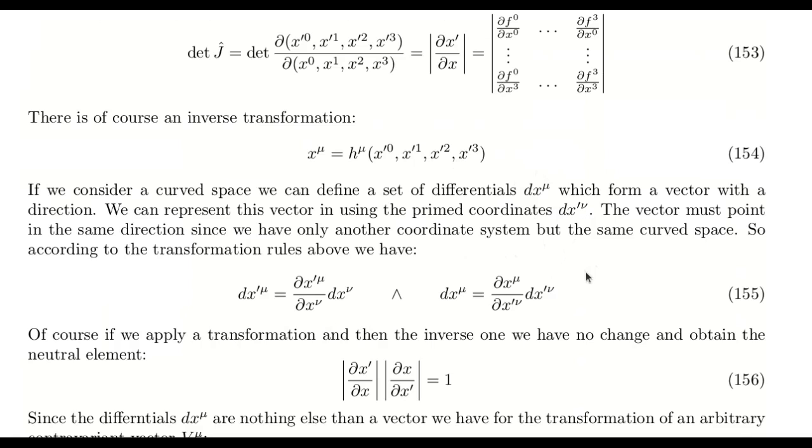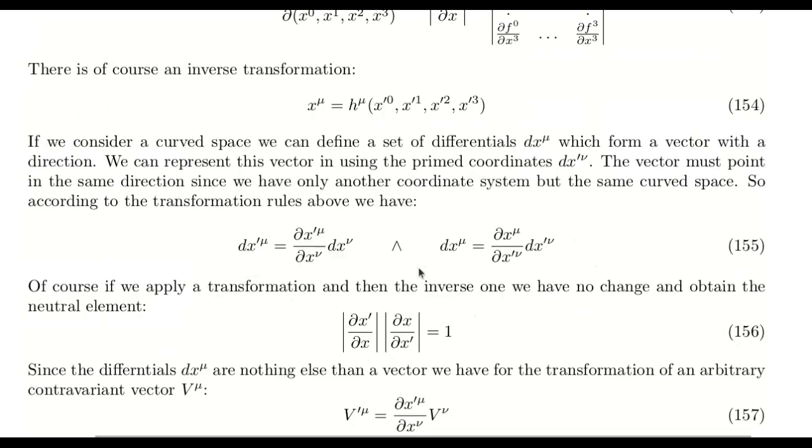According to the transformation rules we already had before, we can write here number 155, the most general form. Here we have dx primed mu equals the differential quotient of the primed coordinates and the unprimed coordinates multiplied by the differential of the unprimed coordinates. Here we have a scalar product in the index nu.